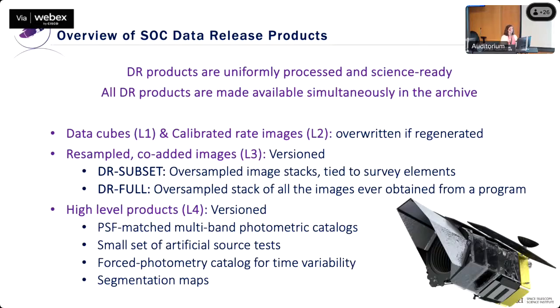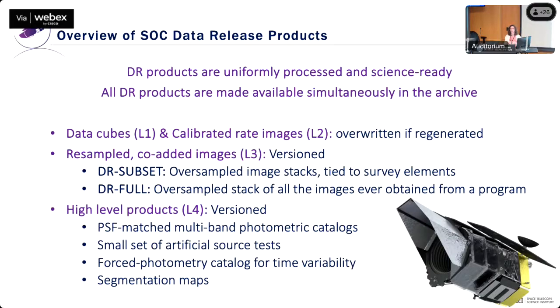The mosaics are going to be different than what we produce for the prompt products. So we're going to have a stack that is a full stack of all the images obtained for a program at a given pointing, okay? So it will be the deepest stack that you can obtain for that program at that given time.